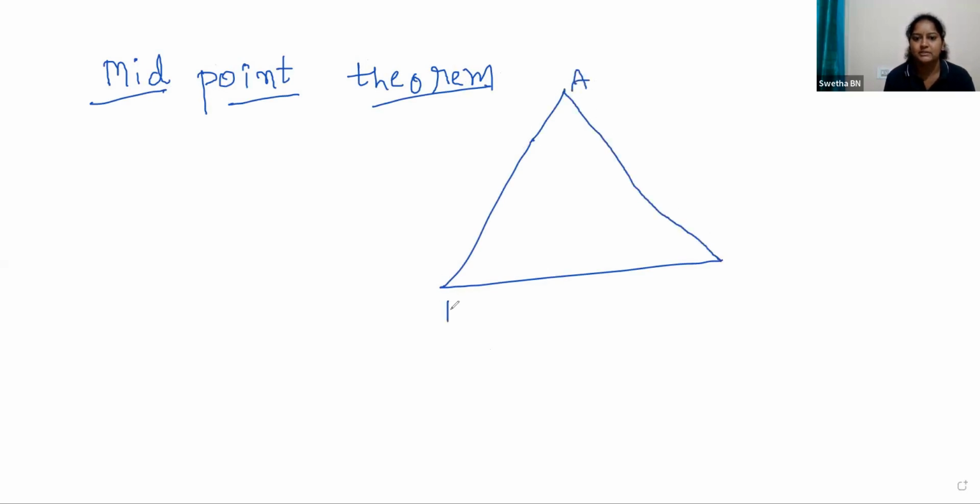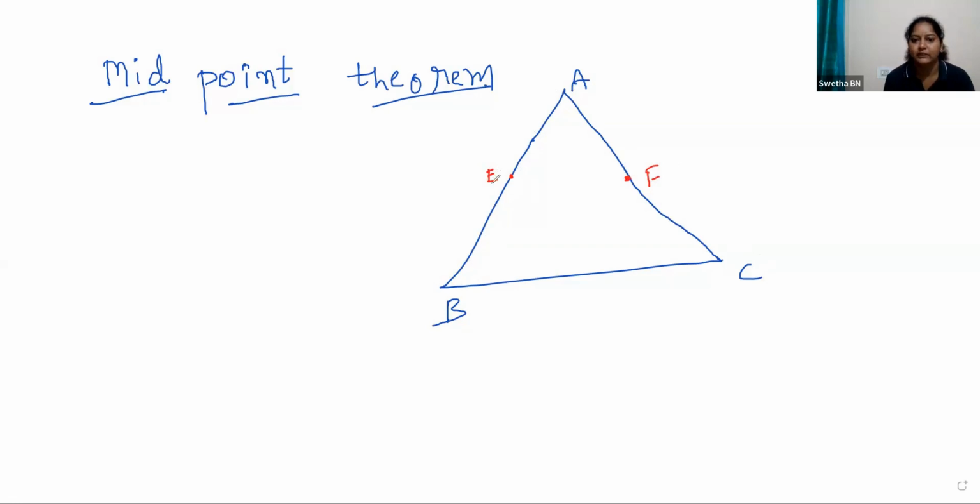See, ABC is a triangle, and I am taking midpoints of AB and AC, E and F. So E is midpoint of AB, F is midpoint of AC.